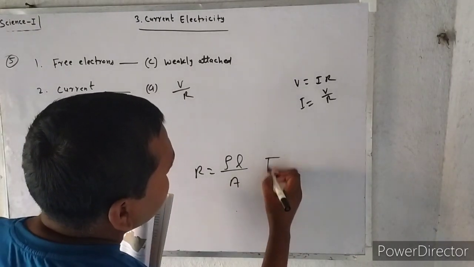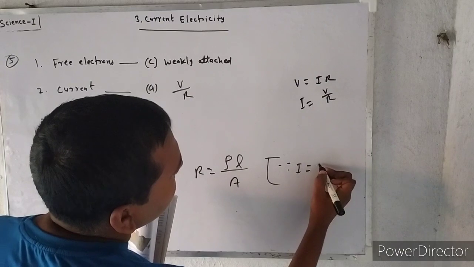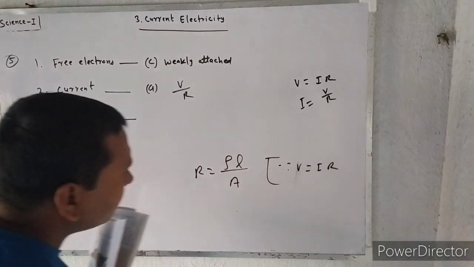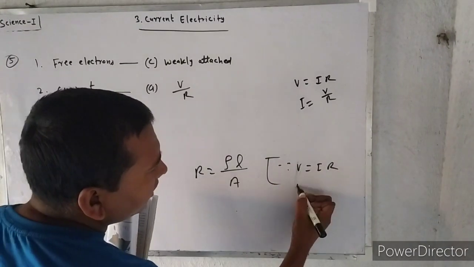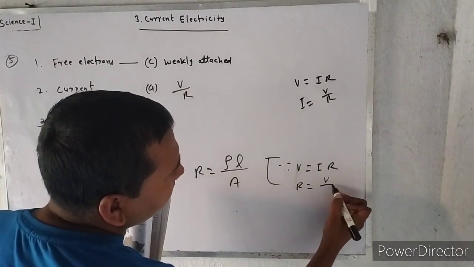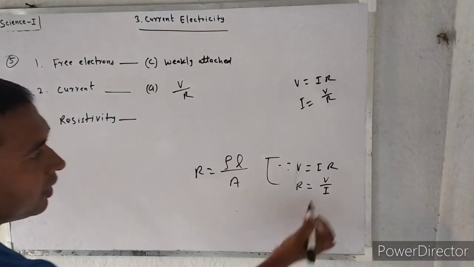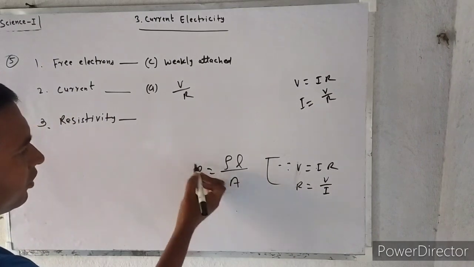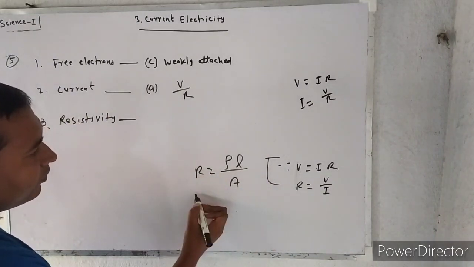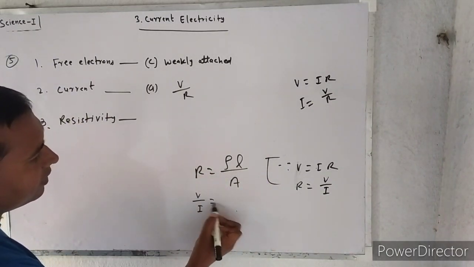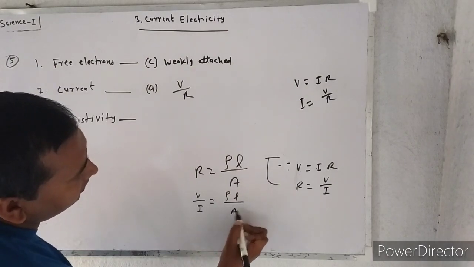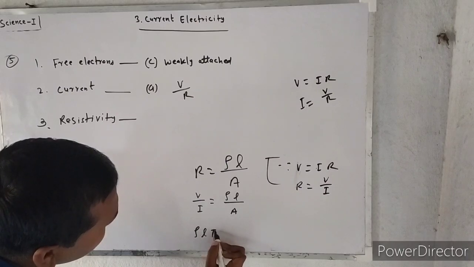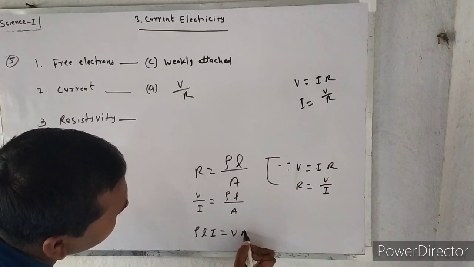See, V is equal to IR. So from here R will be equal to V upon I. Put at the place of R, V upon I is equal to rho L upon A. Cross multiplication: rho L I is equal to VA.